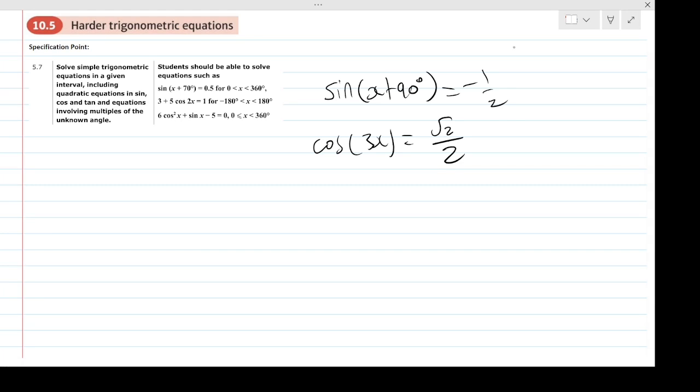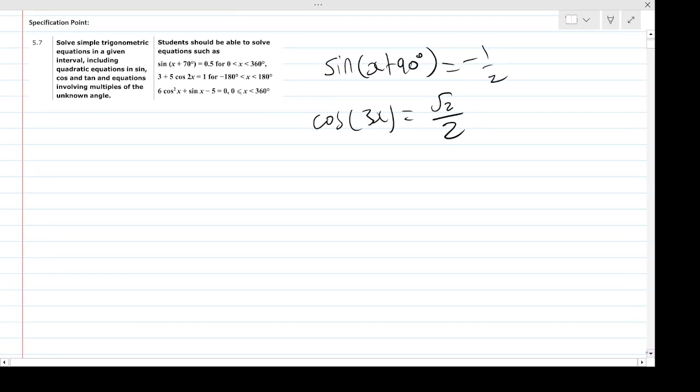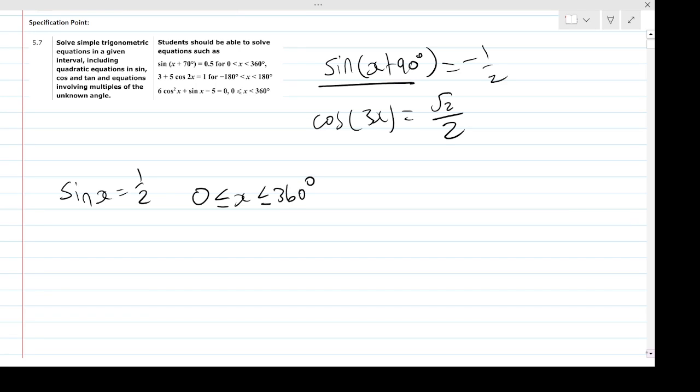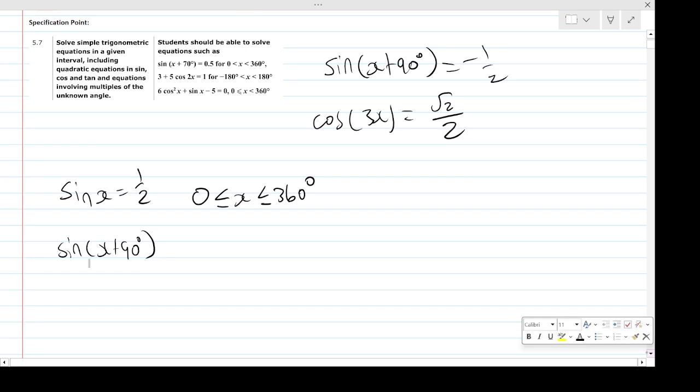But we're really going to use the same method and idea that we looked at in the last section. It's really the same idea of solving. The only difference is, if you recall, if we were to solve sin x is a half, we usually solve for a range of values of x. For example, the common one is between 0 and 360 degrees. If instead we had sine of x plus 90, the input, or the domain, is changing.